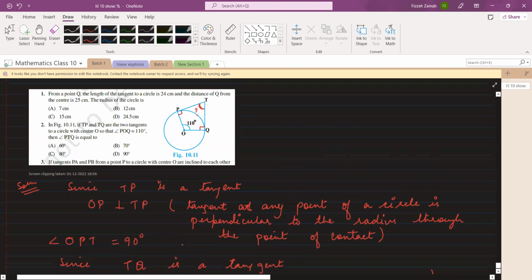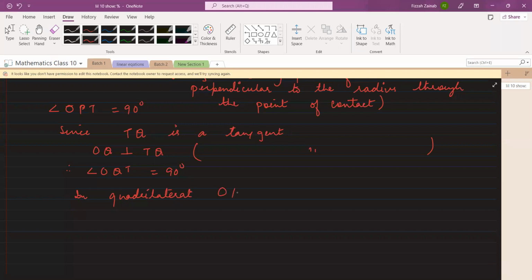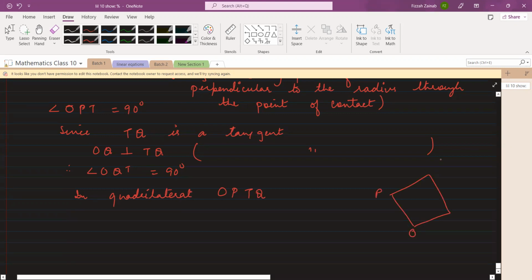So now in quadrilateral OPTQ, I'm just drawing here. This angle is 90, this angle is 90, and this is 110 degree.